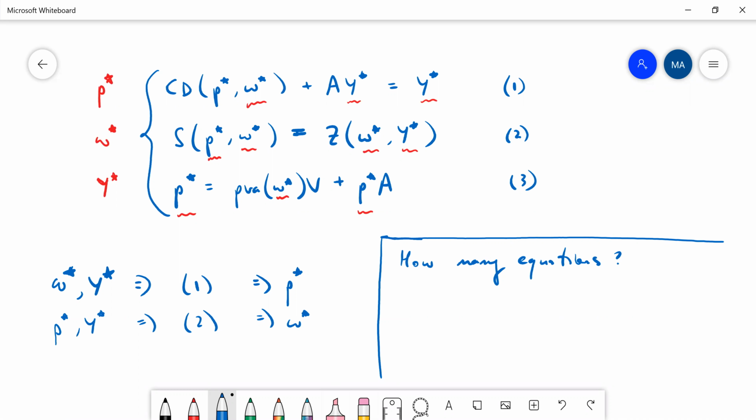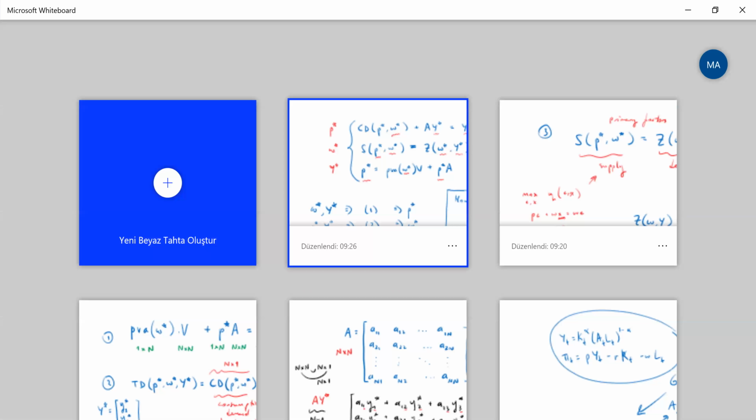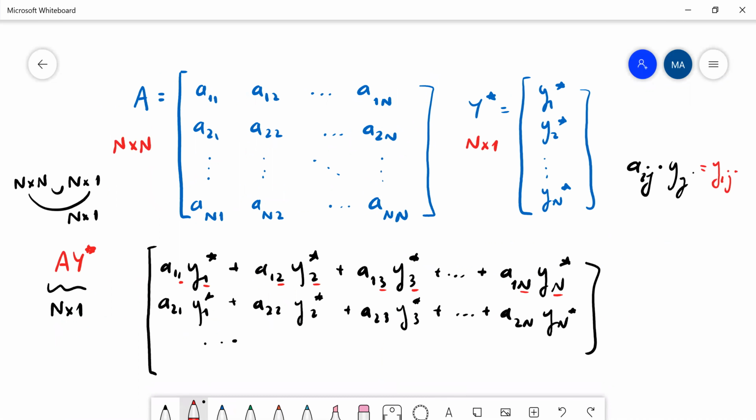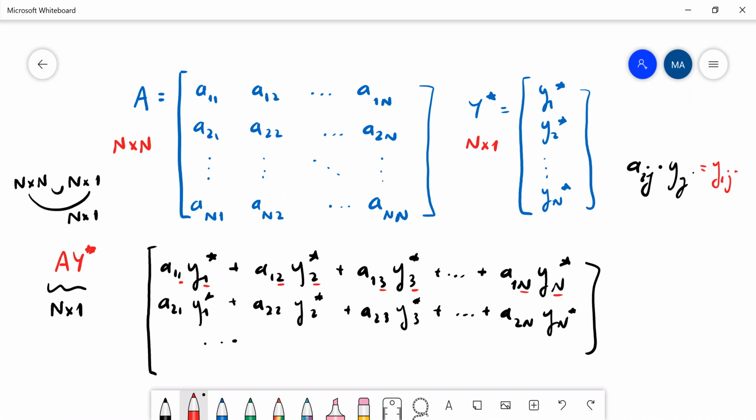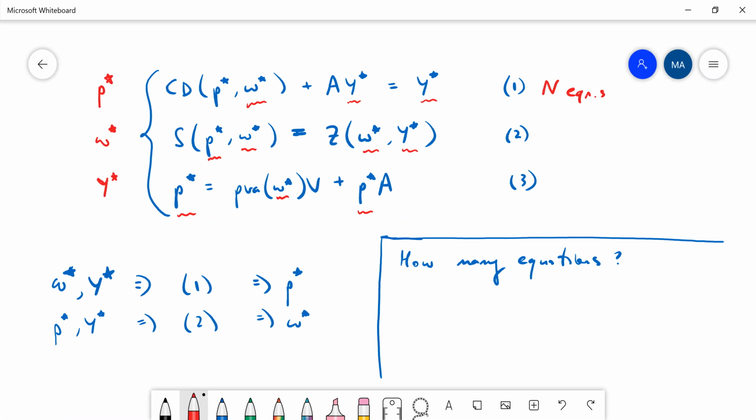Because for each good, I just showed you, here for instance, for each good you have an output level, right? So you have N equations in that first set.